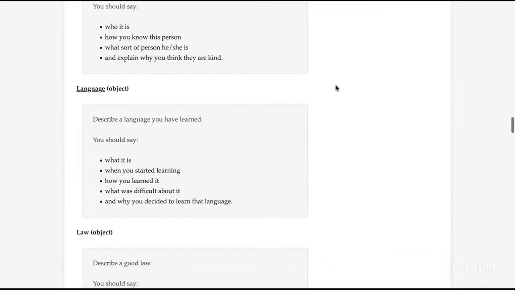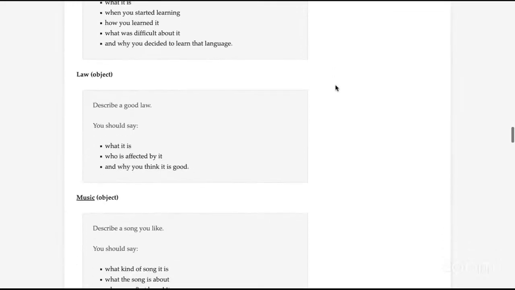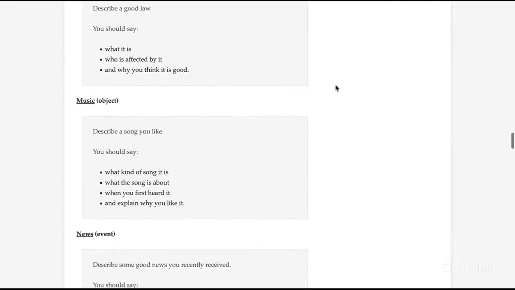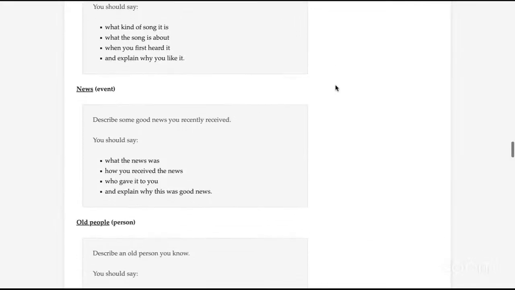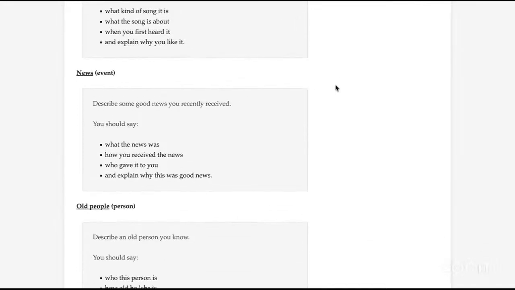Okay, your cue card is news. Describe some good news you recently received. You will get 1 minute to think. After that, you will speak for 1 to 2 minutes and try to cover all the points.